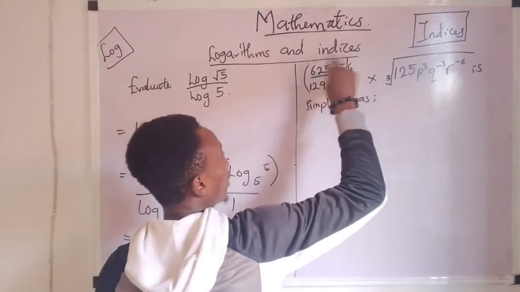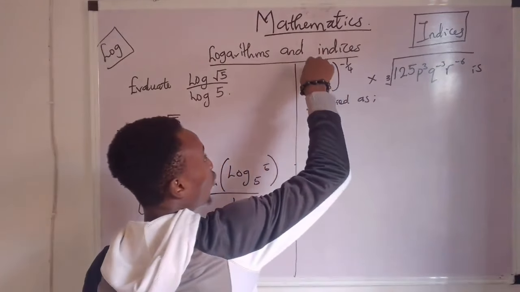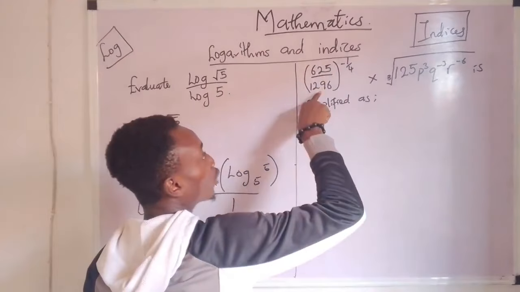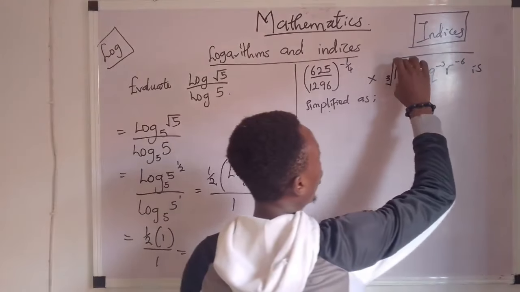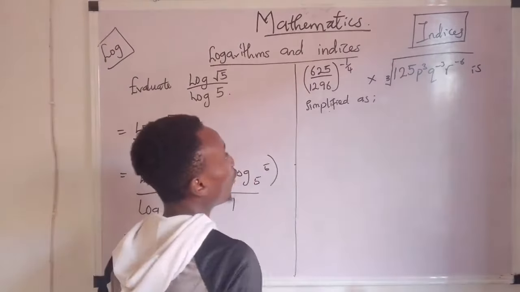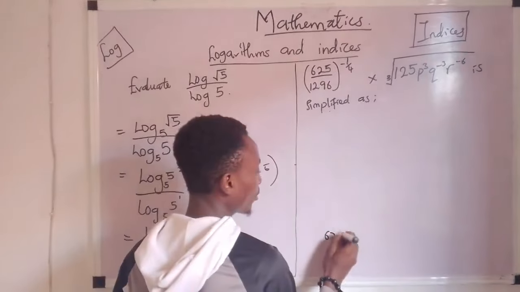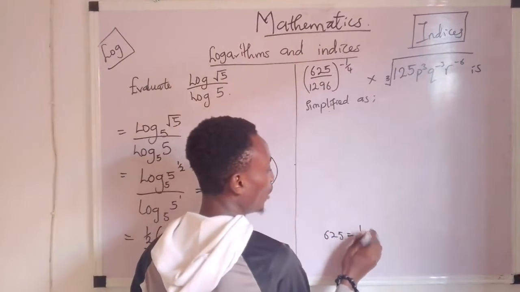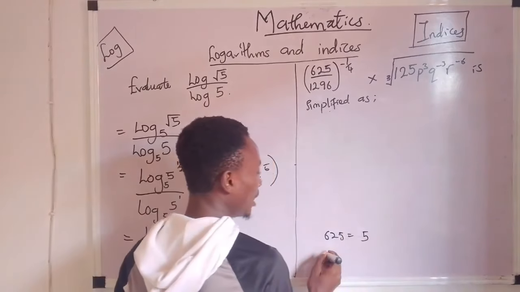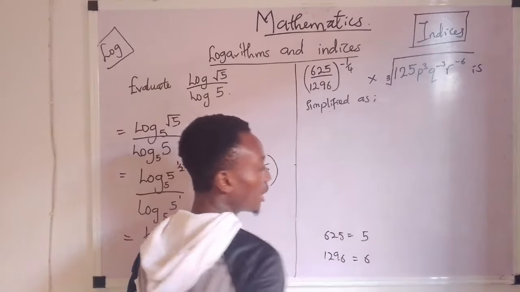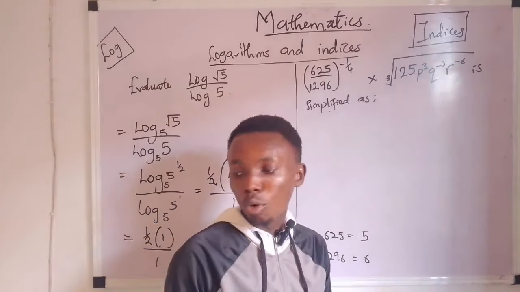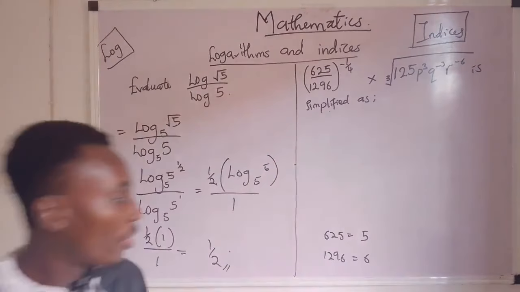Now, you will be looking for the fourth root of 625 and the fourth root of 1296. For this, you are looking for the cube root of this particular value too. Now, the fourth root of 625 is actually 5, and the fourth root of 1296 is actually 6.